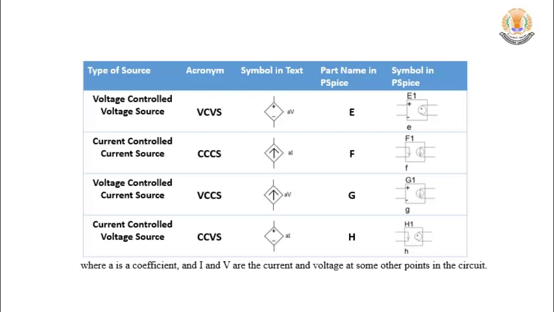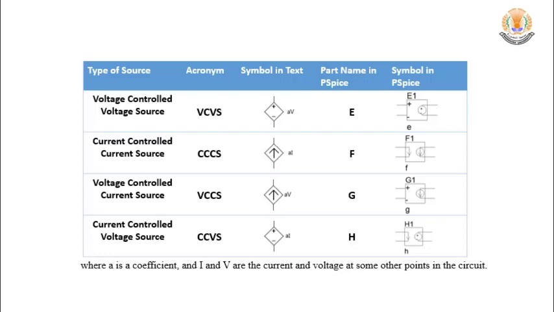The 2 middle ones, both of them are dependent current sources. But the second one is controlled by current. How can I call it? Current controlled current source, so CCCS.